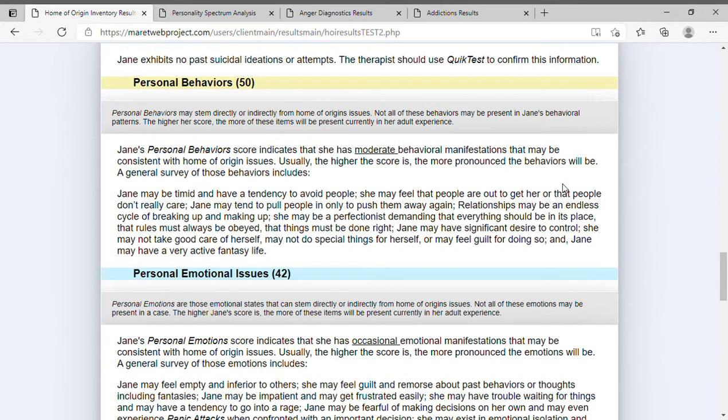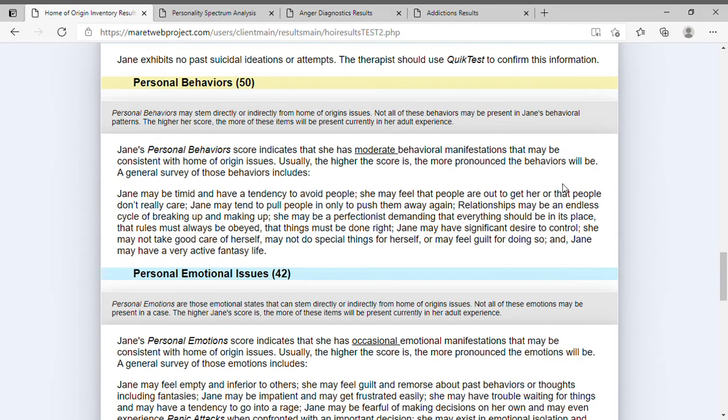This second paragraph is an extraction of the actual questions. So this is not guessing, this is not projecting out and saying, well, maybe this might be happening. These are the questions put in paragraph form that they answered yes to.